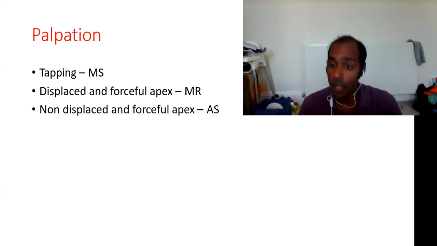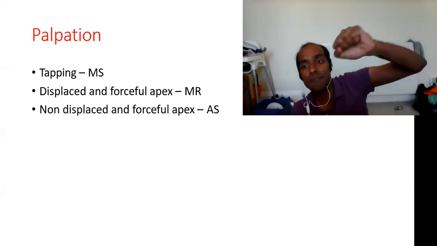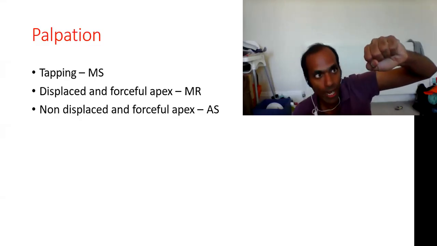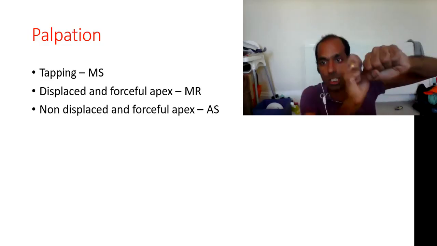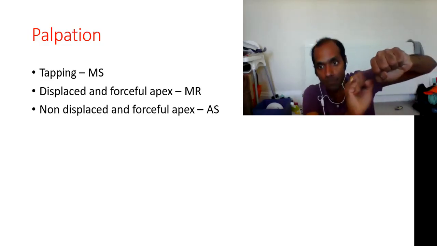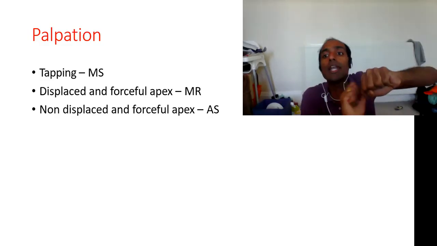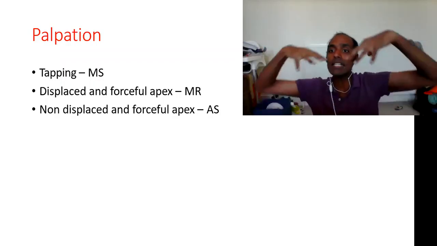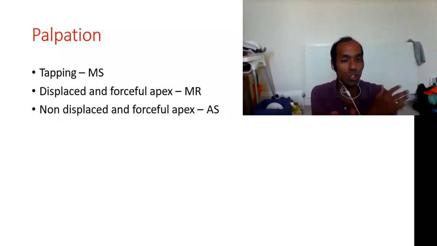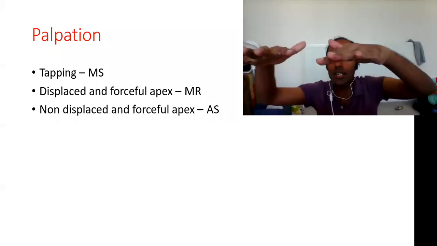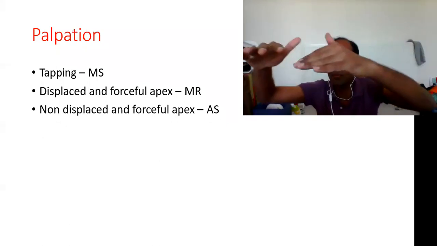In aortic stenosis, because the valve is very narrow, the left ventricle has to give a lot of force to push blood across it. Lot of force to push blood across it. I can't show off my muscles, they are non-existent, so I'm not going to do that.